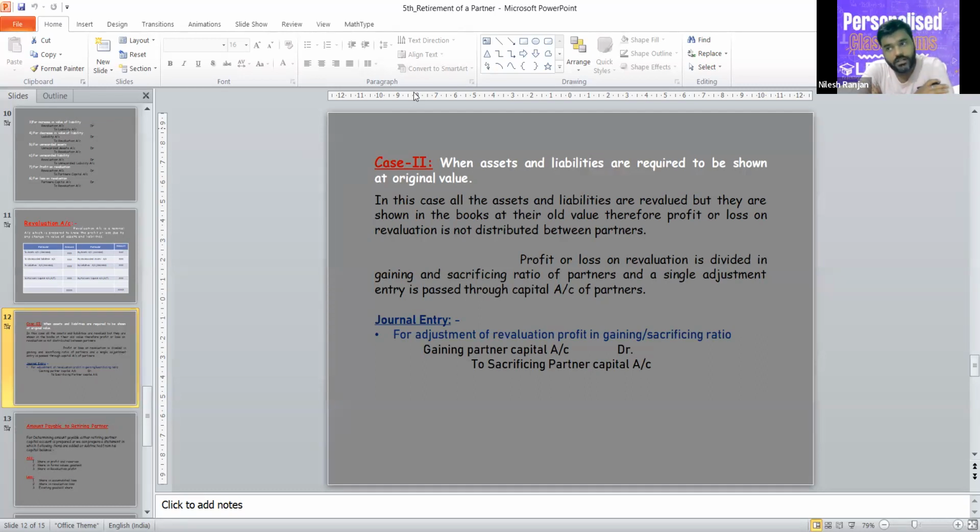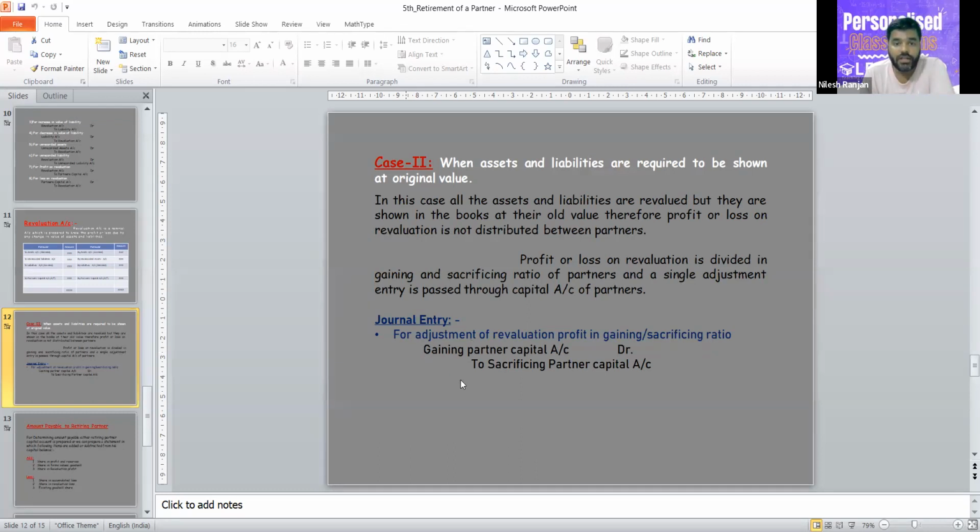In case 1, we will distribute it in the old ratio, but in case 2, it will be distributed in the gaining sacrificing ratio. Okay, sir. Because we don't have to write any assets or liabilities. Yes, sir. So we will adjust only the capital of partners, nothing else.